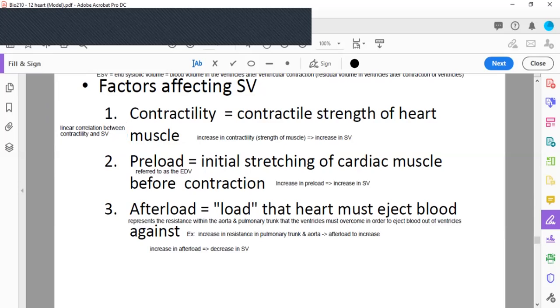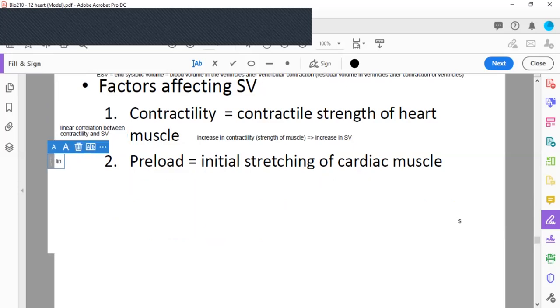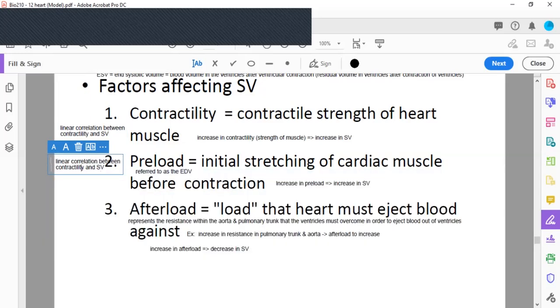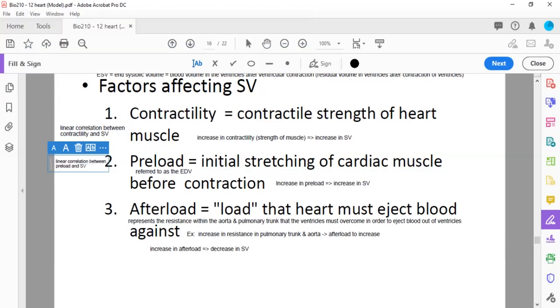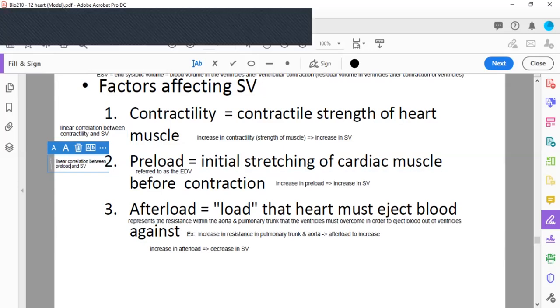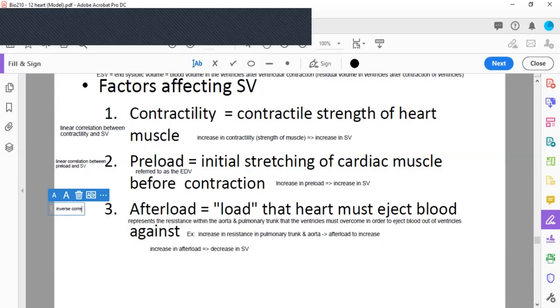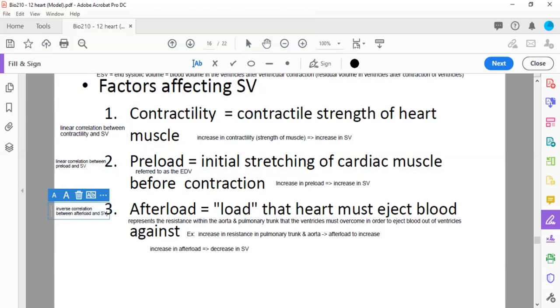And number two is the same thing: there's a linear correlation between preload and stroke volume. Number three, there's an inverse correlation between afterload and stroke volume. What that means is if one goes up, the other one goes down. Very good. Let's move on to the next one.